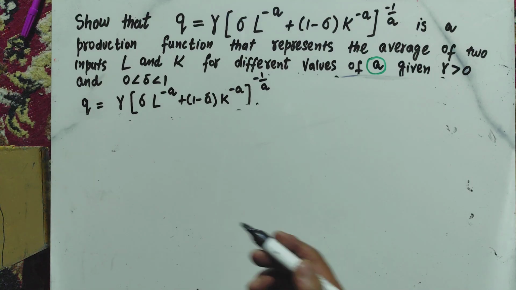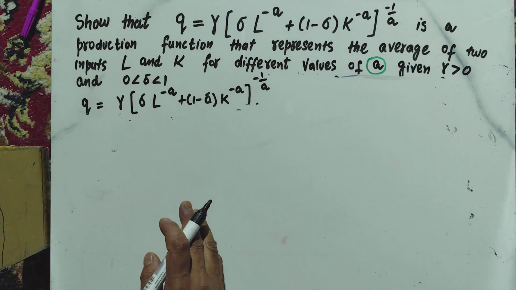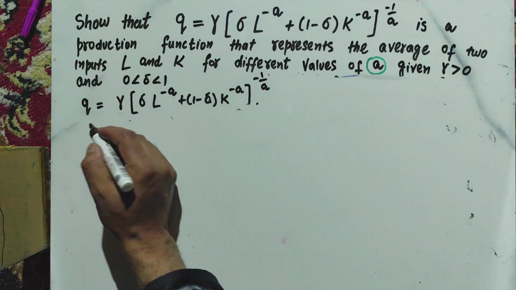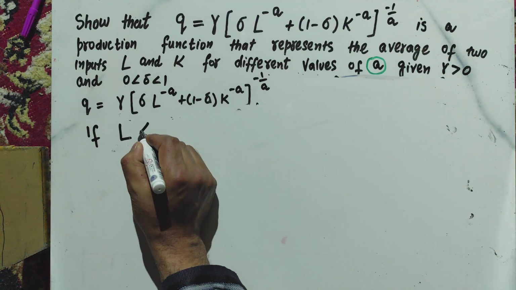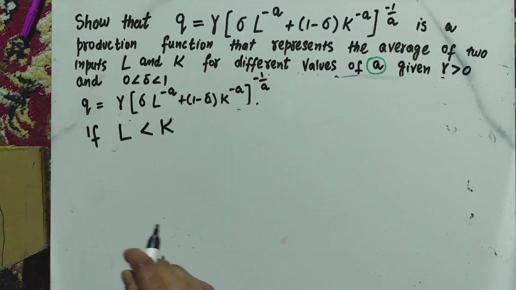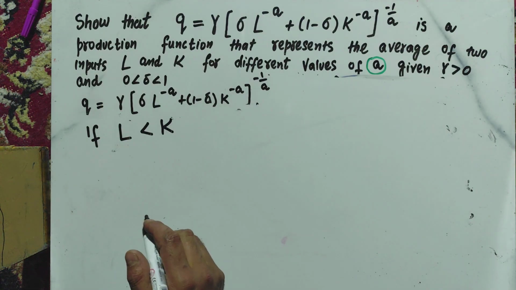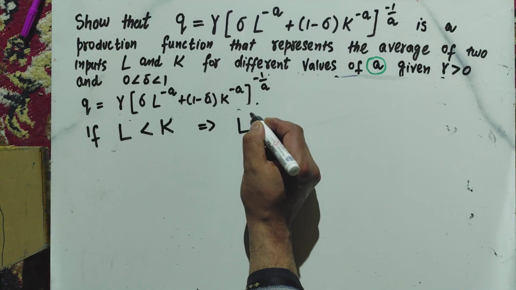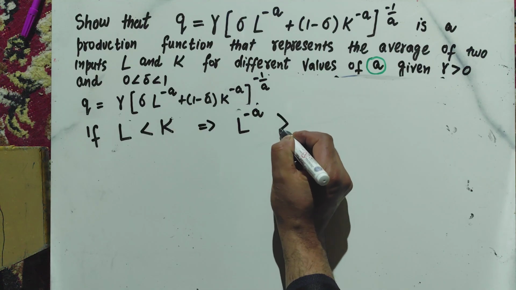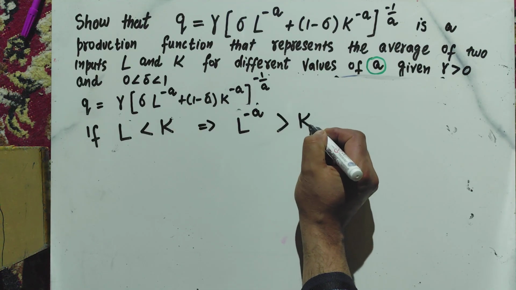So first, let us assume that L is less than K. If L is less than K, that implies L raised to the power minus a will be greater than K raised to the power minus a.